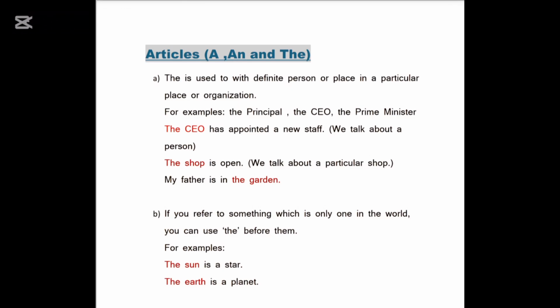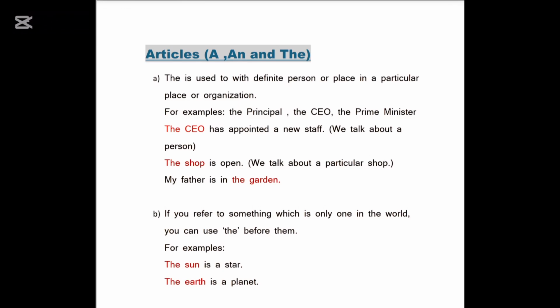So in point A, we can see here the is used with any definite person or place. Definite person means any designation like the CEO, the human resource manager, the principal. The example is presented here: the CEO has appointed a new staff. If the person has some sort of designation, then we can use the CEO, the principal, the coordinator, like that.